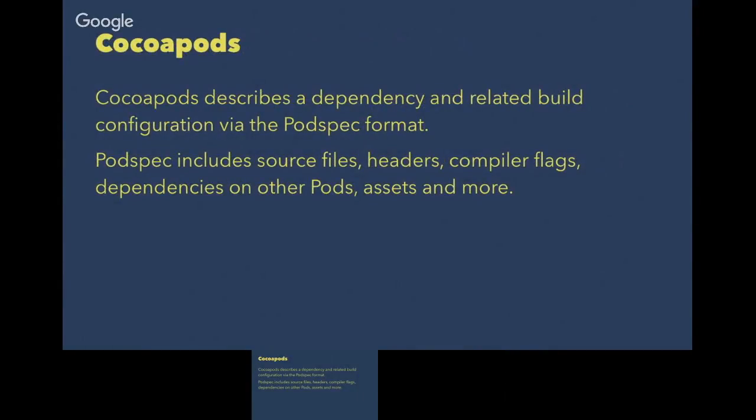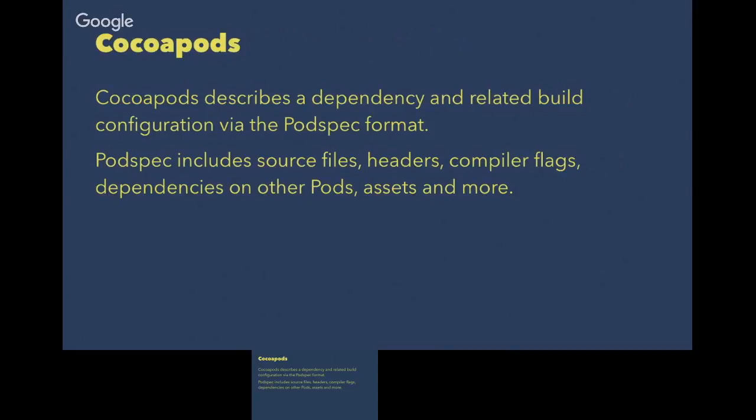Going back to Cocoapods, there's effectively two bits to Cocoapods. The first is the actual system that downloads and integrates your dependencies. And then the other part is the actual pod spec.